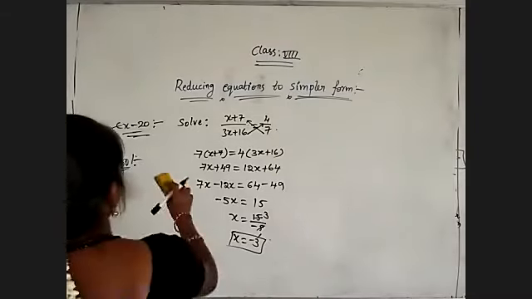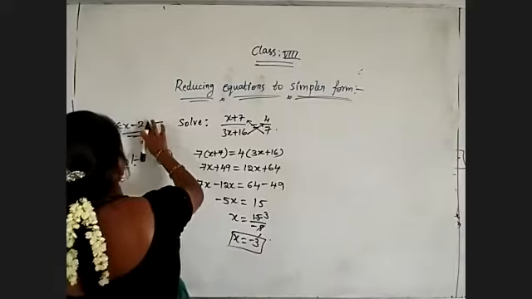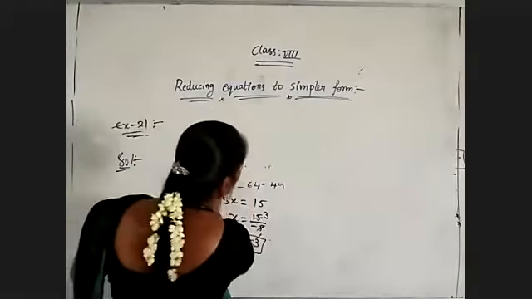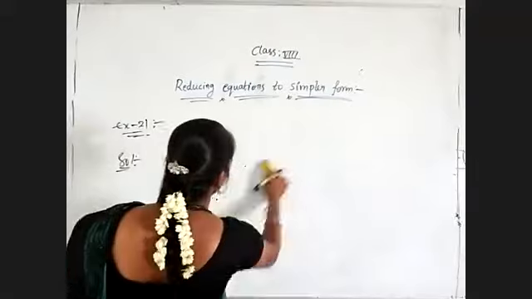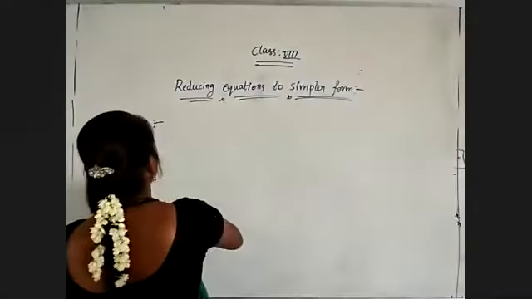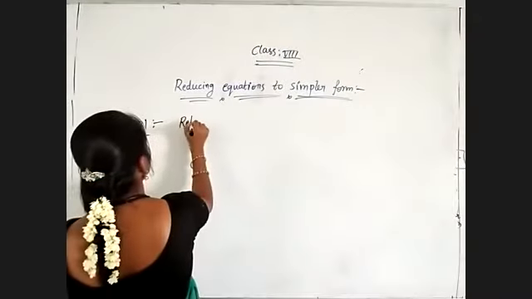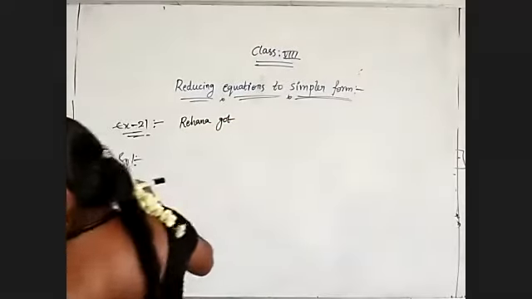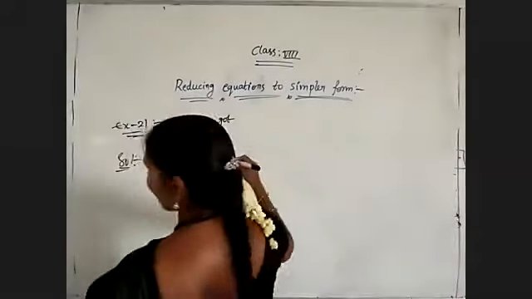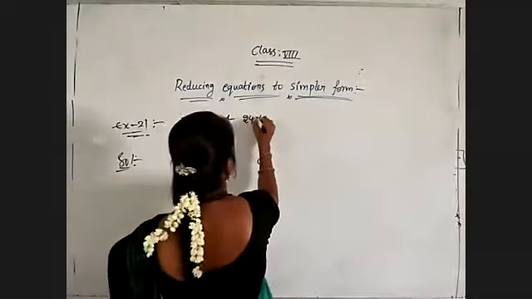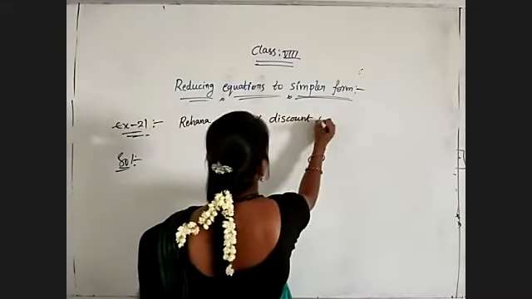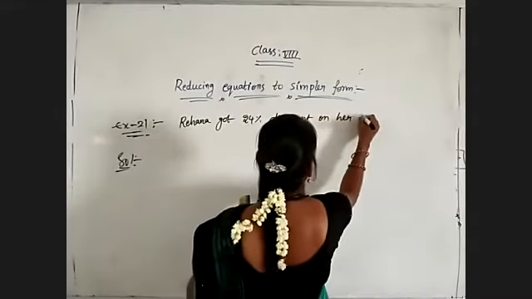Here some direct questions were given, now word problems are given. Rehana got a 24% discount on her frock.